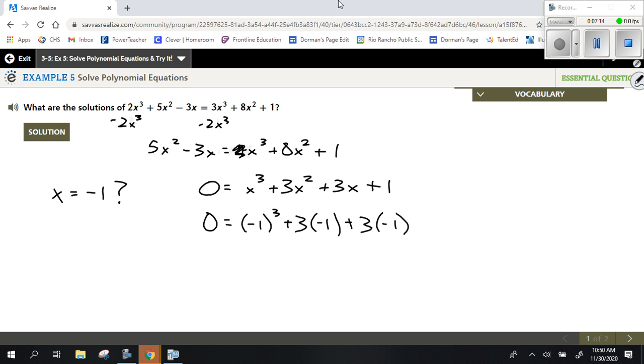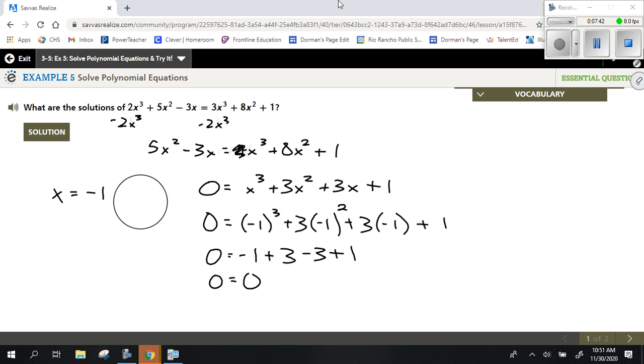Let's see. -1 times -1 times -1 is -1. 3 times -1 is -3. Ooh, that's squared. So 3 times +1 now. Plus 3 minus 3 plus 1. Indeed, x equals -1 is our solution.